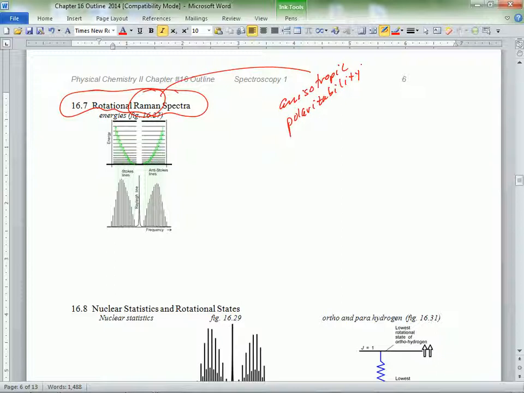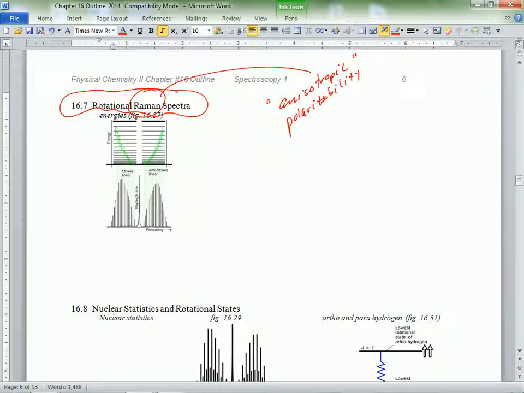Now Raman, man, it's very, very narrow what it cannot see, because pretty much everything exhibits anisotropic polarizability. So much so that it's a lot easier to memorize the ones that don't. And those are on the very bottom of page 464.